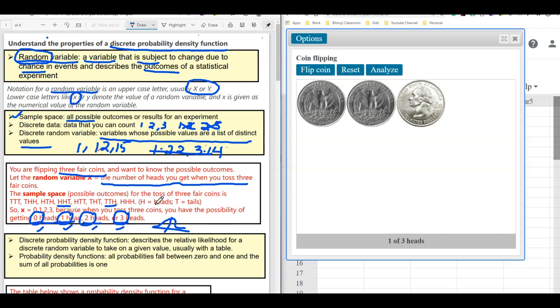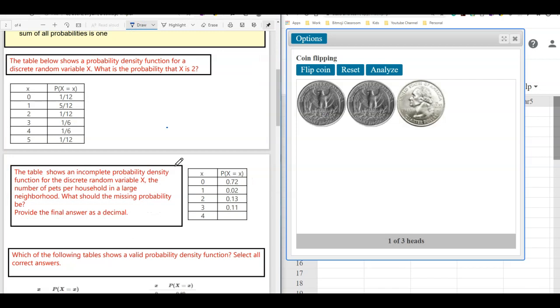Let's take a look at it. So here I have a table that shows a probability density function. Now keep in mind, a probability density function can be given to you as a table or as a graph. You can actually make up a probability density function, but there are certain things you have to keep in mind. As you can see, the first column is your variable, and the second column is the probability of this variable.